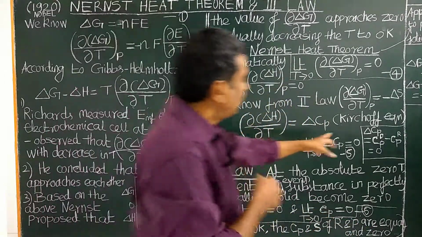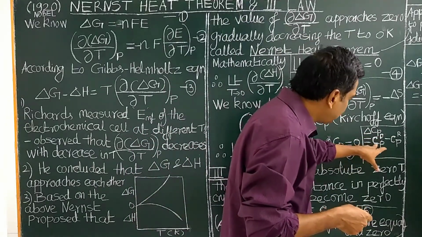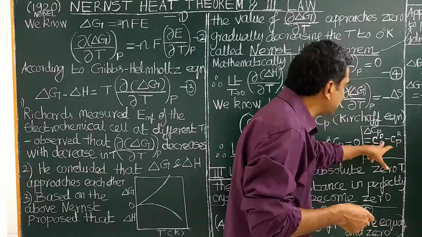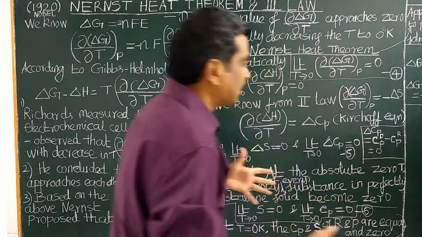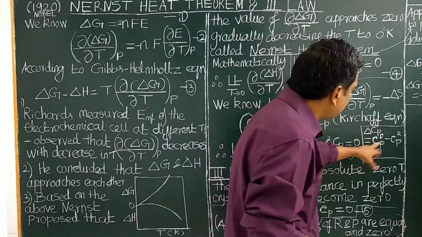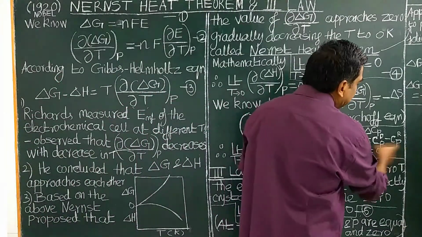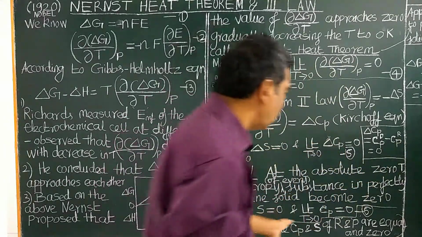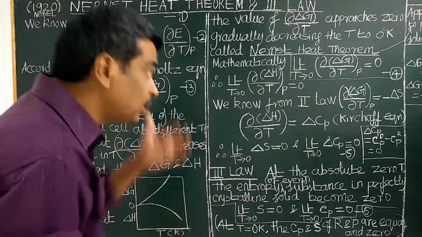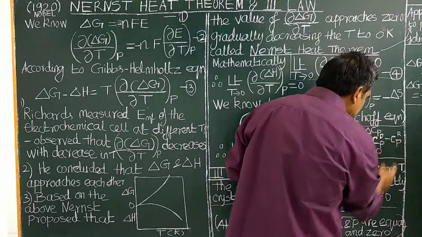Now, what is delta Cp? Delta Cp is the difference between the heat capacity of products and the heat capacity of reactants. At absolute 0, remember, the difference in heat capacity is equal to 0 because Cp of a pure crystalline substance is equal to 0.